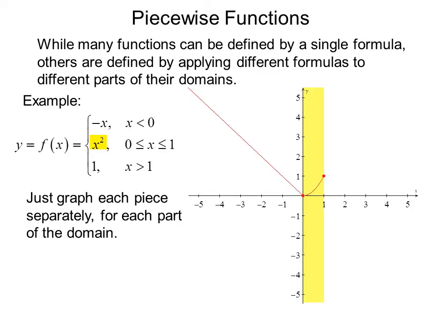So we graph a little piece of the parabola. And finally, y equals 1 when x is greater than 1. And y equals 1 is a constant function, so it's a horizontal line. We draw a horizontal line to get the entire graph.